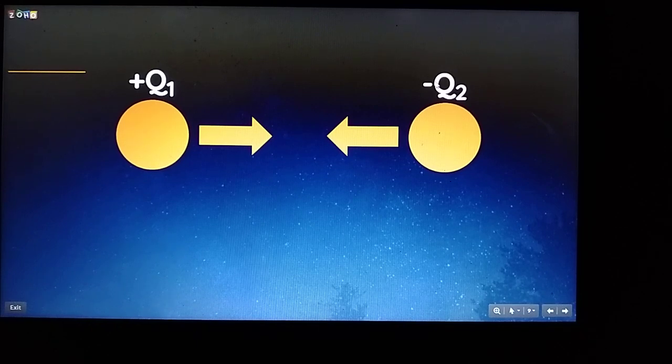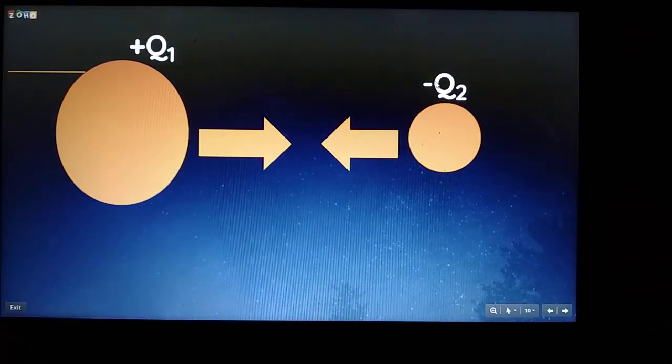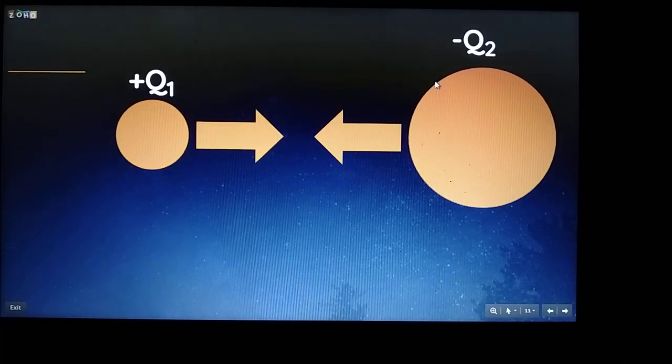Now, if you increase Q1 keeping Q2 unchanged, then the force obviously increases. Similarly, if you increase Q2 keeping Q1 fixed, then also the force will increase.